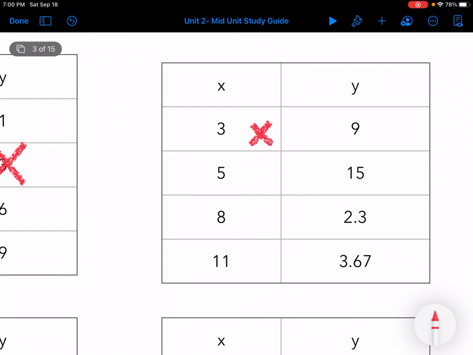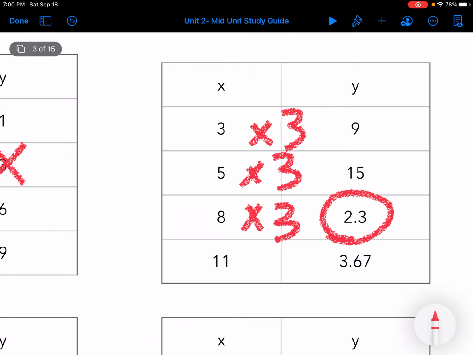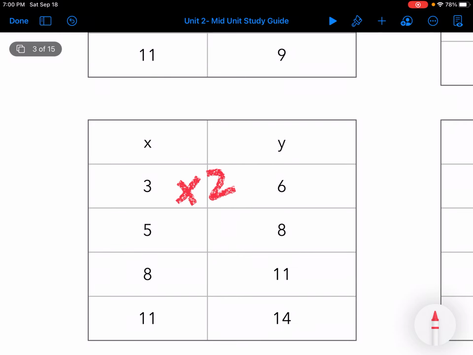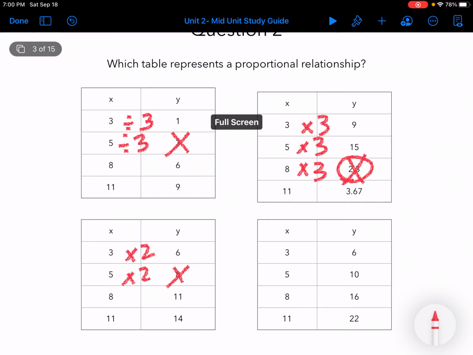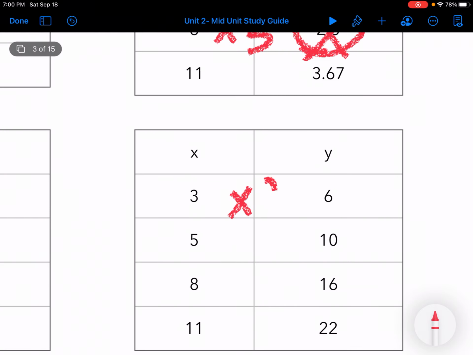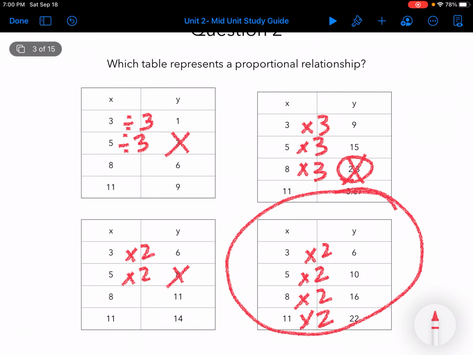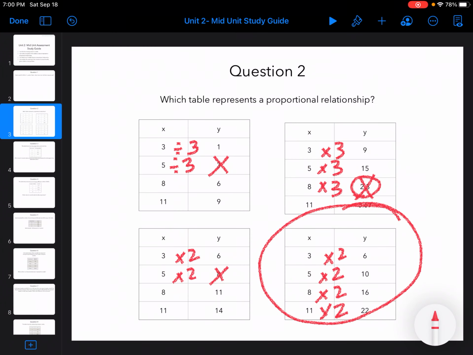I know 3 times 3 is 9, 5 times 3 is 15, 8 times 3 is not 2.3. 3 times 2 is 6, 5 times 2 is 10. So let's hope the last one works. 3 times 2 is 6, 5 times 2 is 10, 8 times 2 is 16, 11 times 2 is 22. So my answer would be D. They multiply by the same factor all the way down.